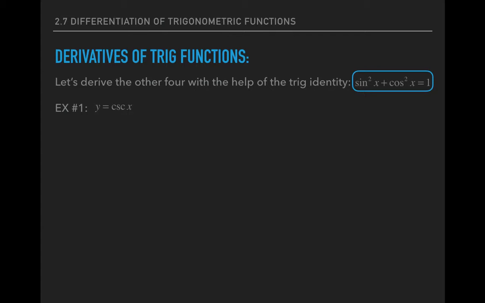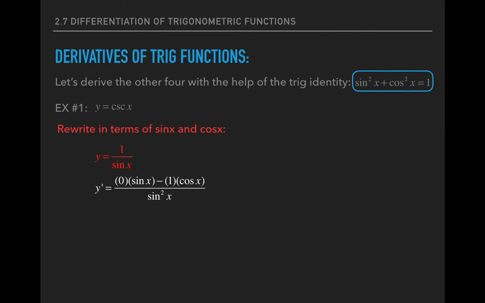Now let's derive the derivative of the cosecant function. Writing it in terms of sine and cosine, it would be the reciprocal of sine, 1 over sine.